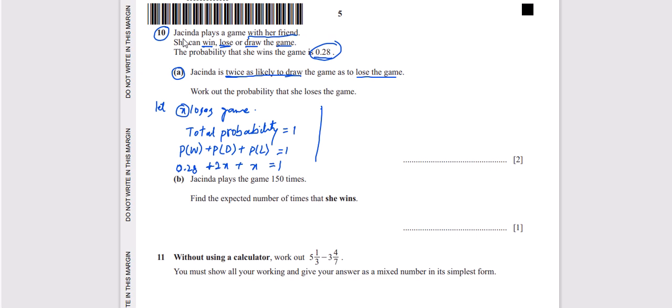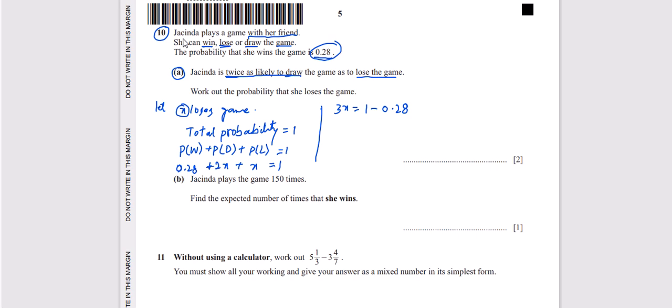So 0.28 shifts to the other side. The remaining is 2x plus x, that is 3x, is equal to 1 minus 0.28.